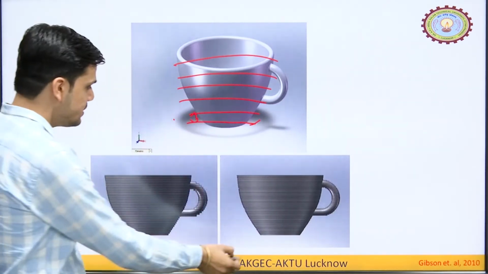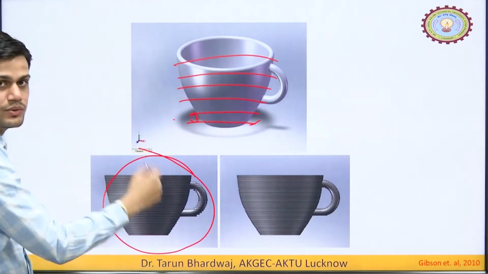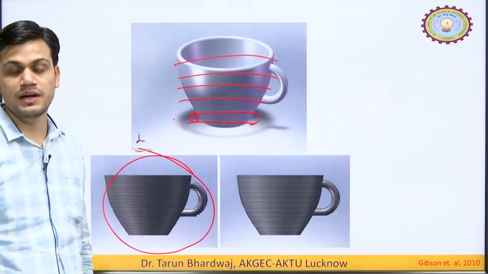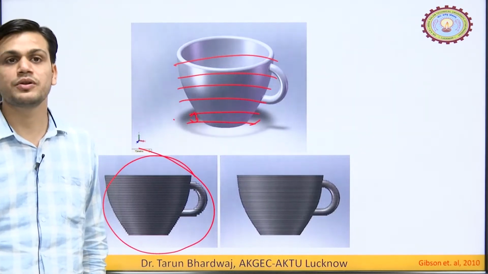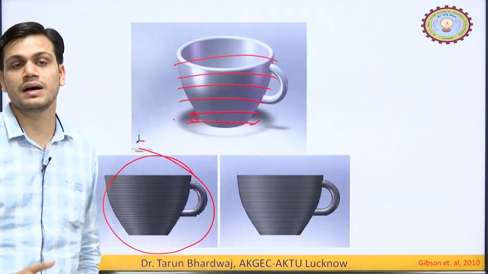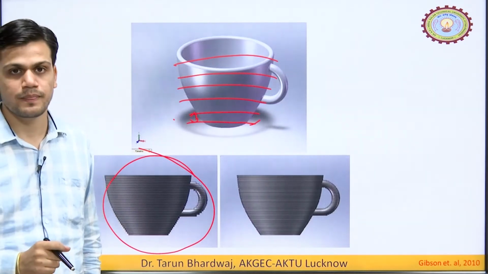As you can see in this diagram, the whole 3D model is divided into a number of layers, and that number of layers will depend upon your process, meaning what kind of material you are depositing and what kind of process you are using.